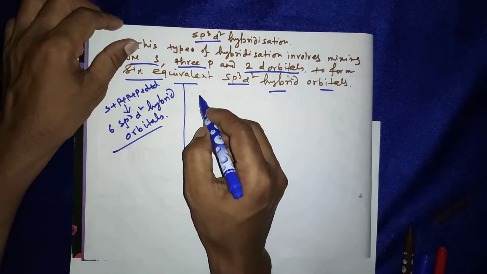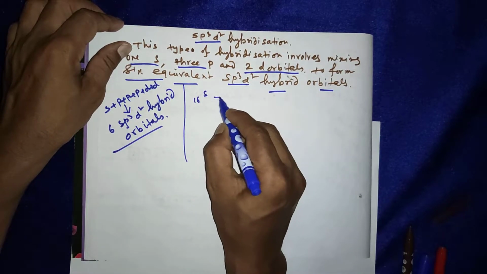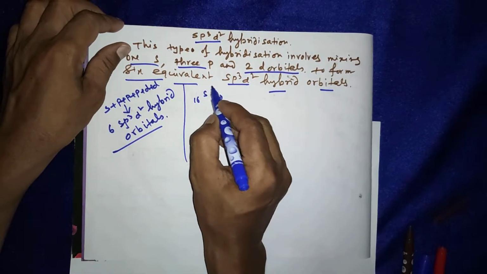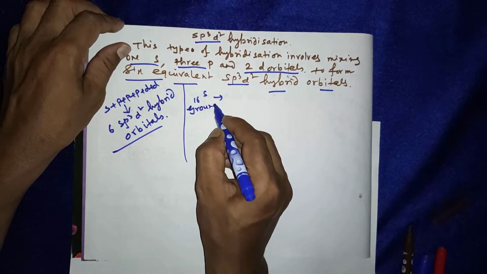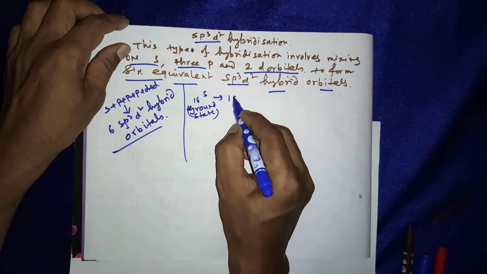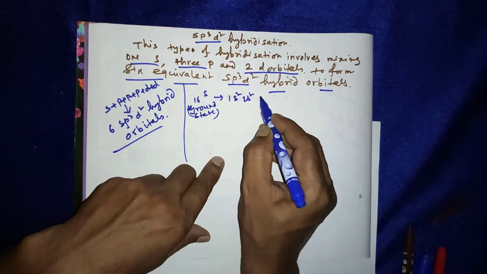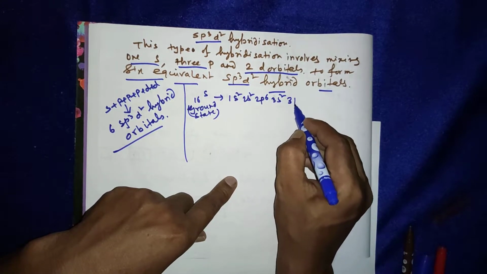Say in case of sulfur, which has atomic number 16, in ground state it has electronic configuration like this: 1s2, 2s2, 2p6, 3s2, 3p4.